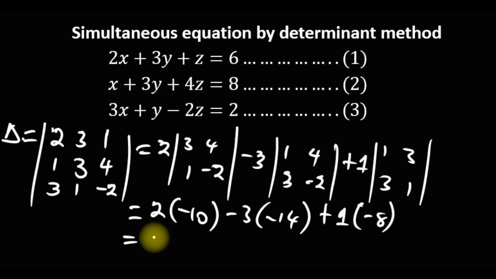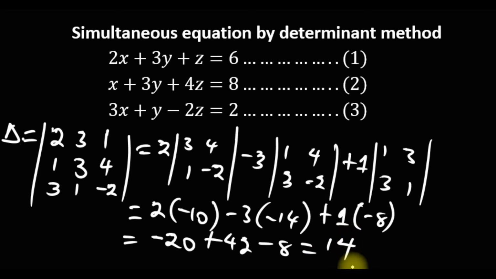So we have minus 20 plus 42 minus 8. That's minus 20 plus 42 is 22, and 22 minus 8 is 14. So the first determinant is 14.